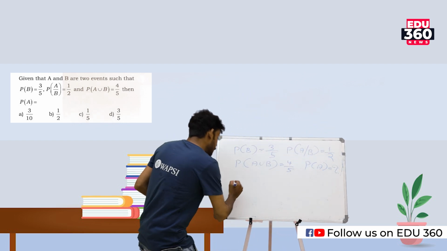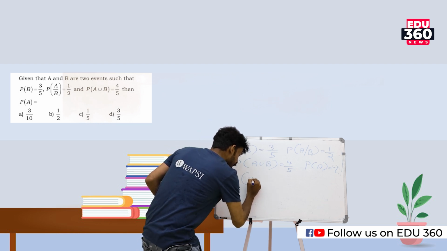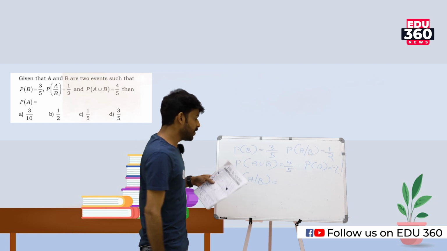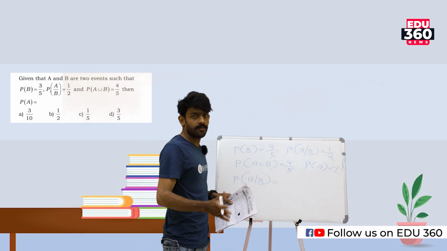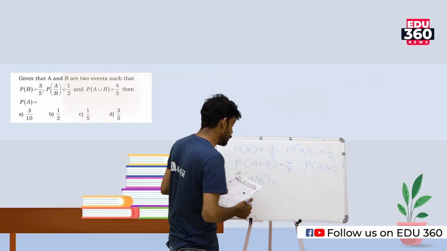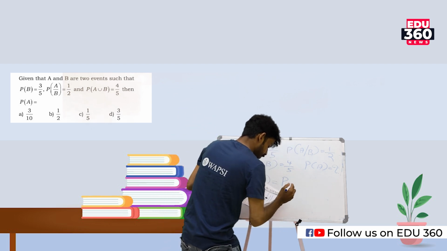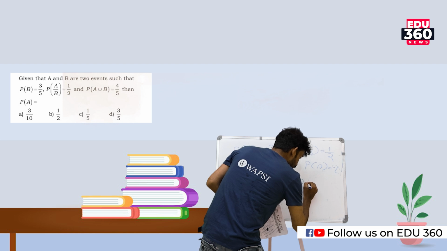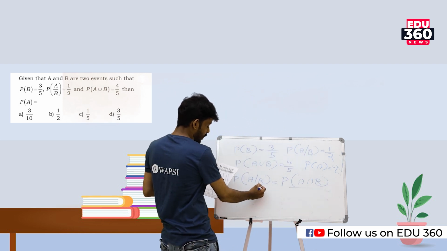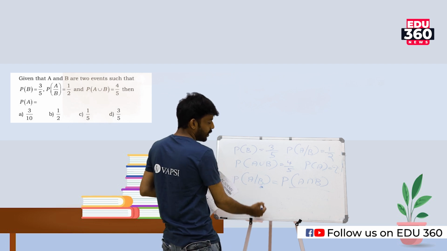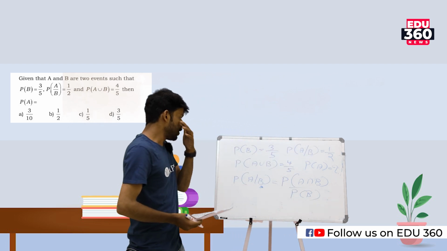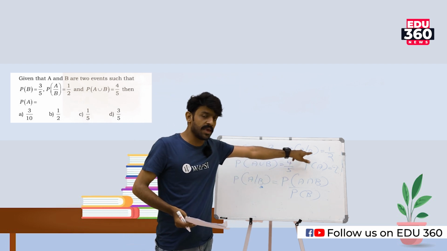So we know that P(A|B) is equal to P(A ∩ B) divided by P(B).